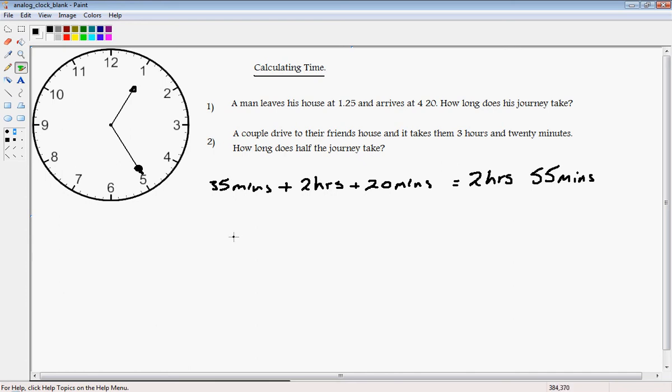The danger here is when people write 3 hours and 20 minutes, they will write 3 hours and 20 divided by 2. Now this is wrong. What we actually have is 3 hours and 20 minutes divided by 2.